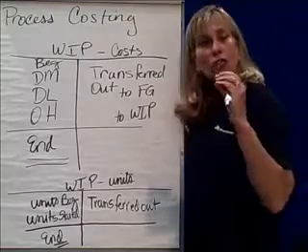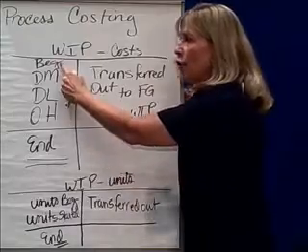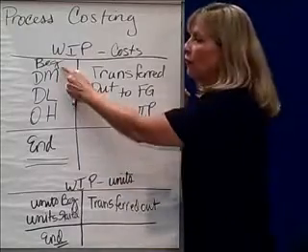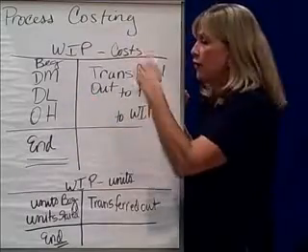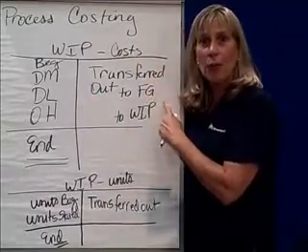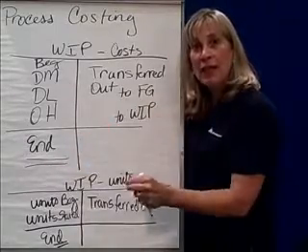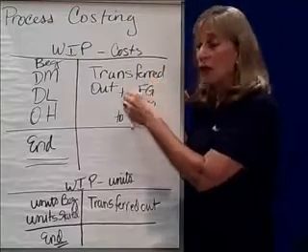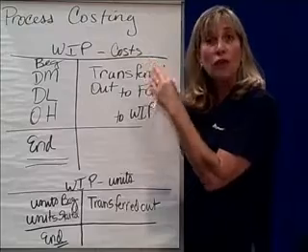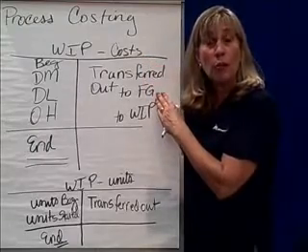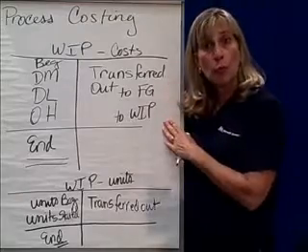So our goal this chapter is to be able to assign these costs that we know the actual costs of, which is the materials, the labor, and the applied overhead, to either the goods that are transferred out of our department or are still with us. So we're going to be finding how much it costs for the ending inventory and how much it costs for the cost of the goods manufactured in our department that were transferred out either to finished goods or work in process.